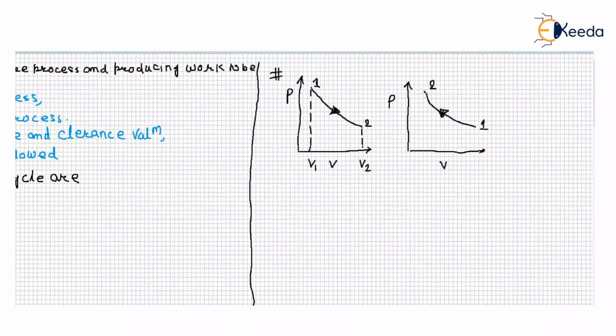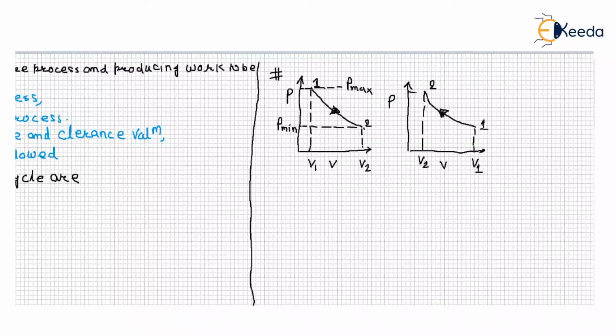Similarly, there is V2 and there is V1, right? This is your maximum temperature, and this is your minimum temperature. This is maximum pressure P max, and there is minimum pressure P min.